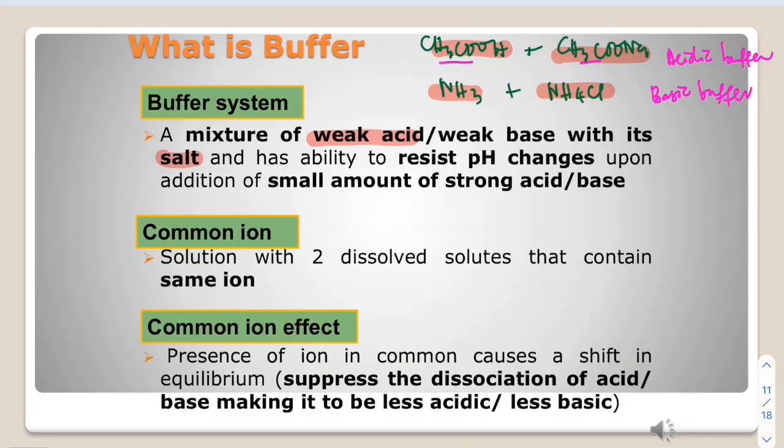The common ion effect is the presence of the same ion causing a shift in the equilibrium. It either suppresses the dissociation of the acid or base, making it less acidic or less basic.